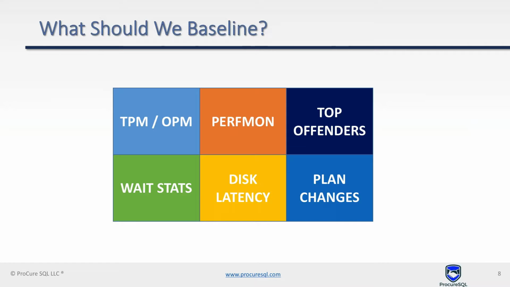For example, maybe we have an index that will help, or the plan has changed because of the new version, or maybe the cardinality estimator is now giving it a new plan. Things like that we can adjust to, but Query Store is going to be great at helping people troubleshoot this hard problem. There are tons of different things that we can look at when we're baselining. These are just a couple of things that I highly recommend looking at.